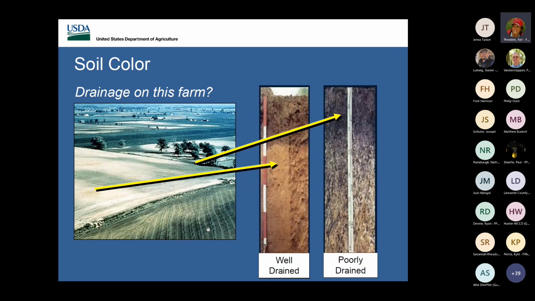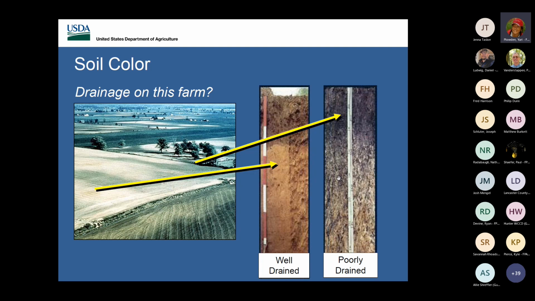So on your farm, at the one yellow arrow from the cropland, if you dig a hole, it'll be well drained, nice brown, reds, some oranges. But if you dig a hole in this ditch or this swale, that's where you'll get a little bit more accumulation of organic matter, and you'll get these gray colors and splotchy oranges.